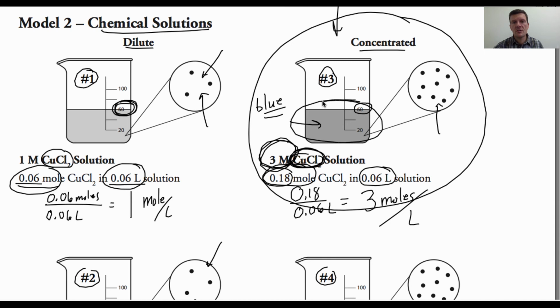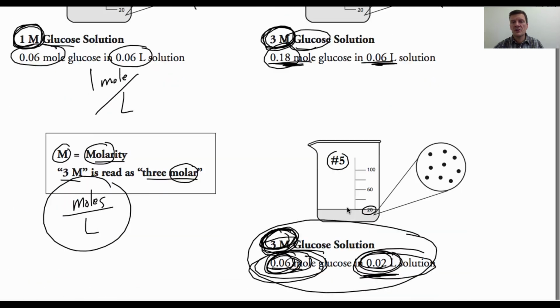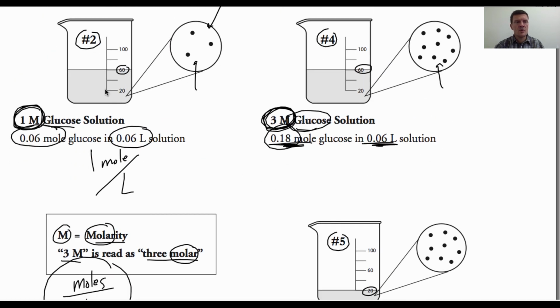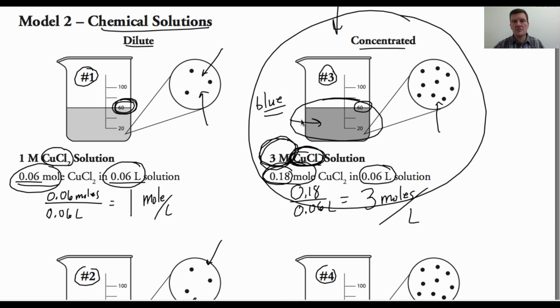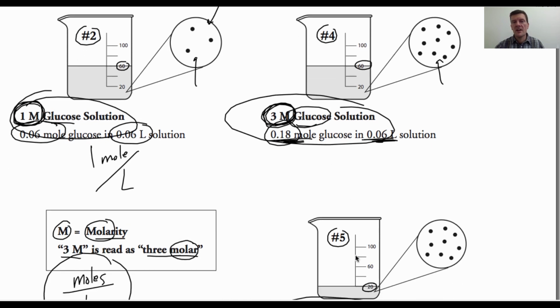That's going to make it appear darker here. Whereas sugar, when you put sugar in there, it dissolves clear. In fact, you probably wouldn't be able to tell the difference between a 1 molar sugar solution and a 3 molar sugar solution. So it really depends also on the nature of whatever you're dissolving and the color that it makes and the volume of all of them.